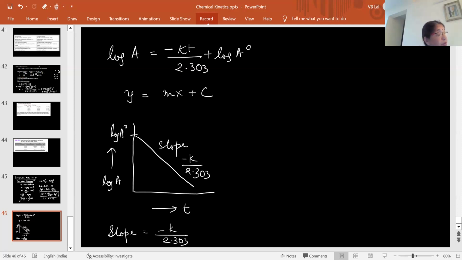I have to simplify this equation, so I can bring this here. I can simplify it and write it as t is equal to 2.303 by K log of A0 by A.